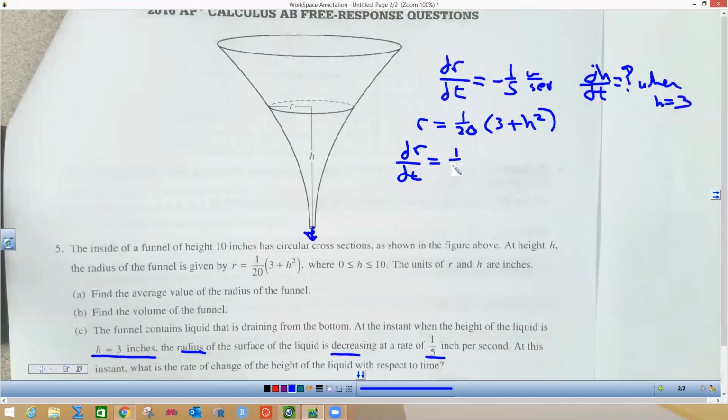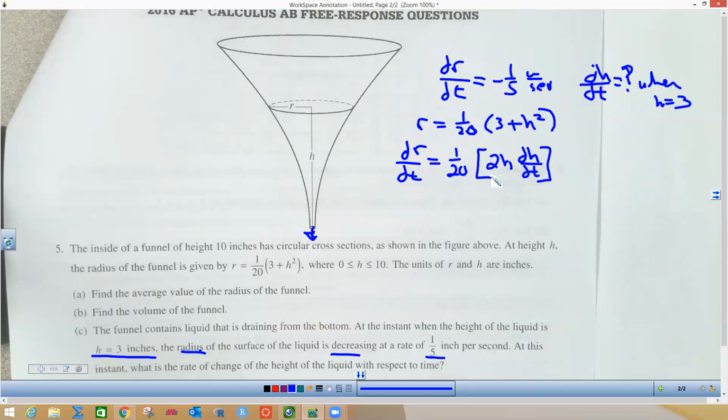We always leave our coefficient out front. We do the derivative of 3, which is 0. And then we do the derivative of h squared, which would be 2h. And again, that's with respect to time. So just like this is implicit differentiation, you have to do your dh dt here with this.